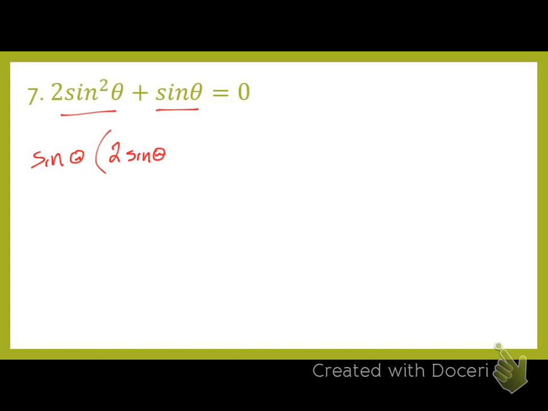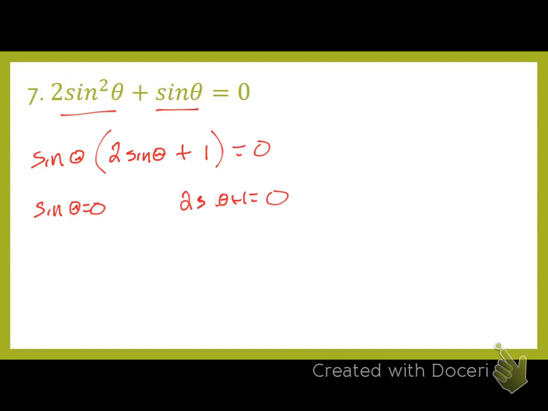And then with sine theta, if I pull a sine theta off of it, I'm going to have to leave a 1 behind, but there's no sine theta there anymore. So those are your two factors. So now we're going to take sine theta, set it equal to 0. And we're going to take 2 sine theta plus 1 and set it equal to 0.